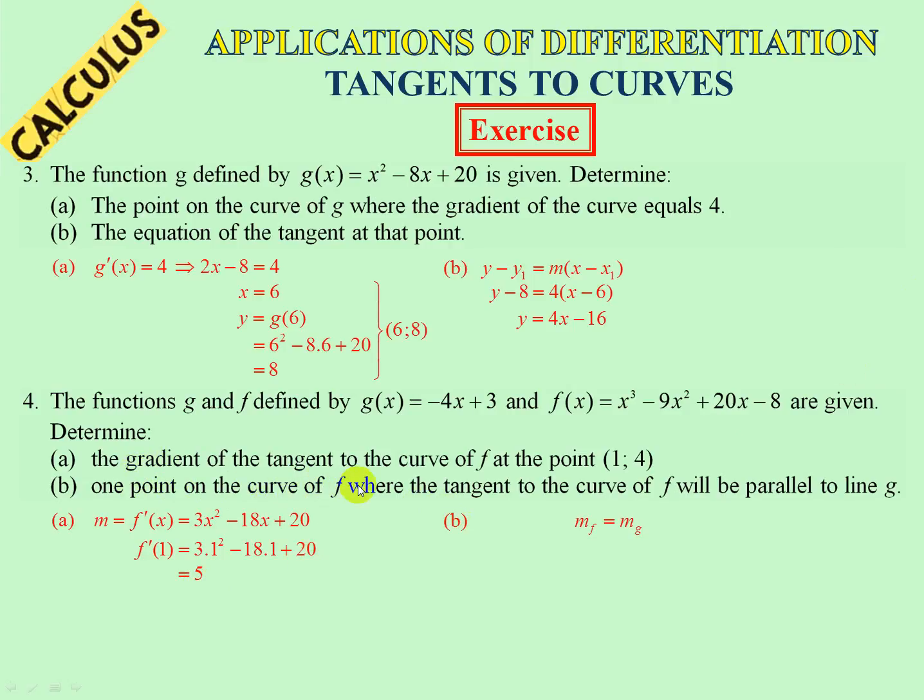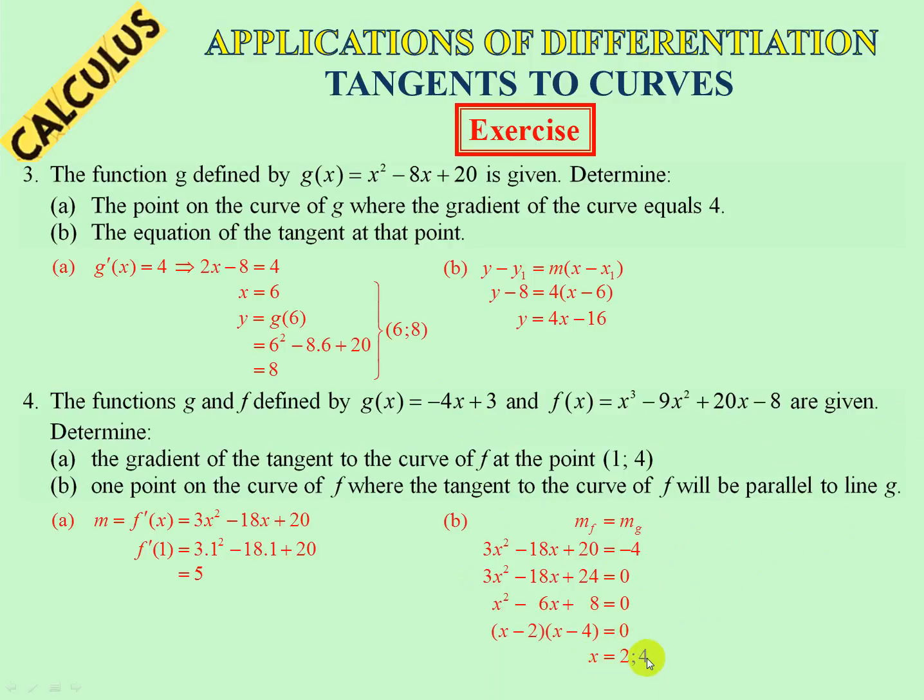B. Find one point on the curve where the tangent to the curve will be parallel to the line g. Well, it's where their gradients are equal, or their derivatives are equal. So therefore, derivative equals derivative, or derivative equals the gradient of that straight line, which is minus 4. We solve for x. I divided through by 3 just to make it a bit simpler to factorize. There we are.